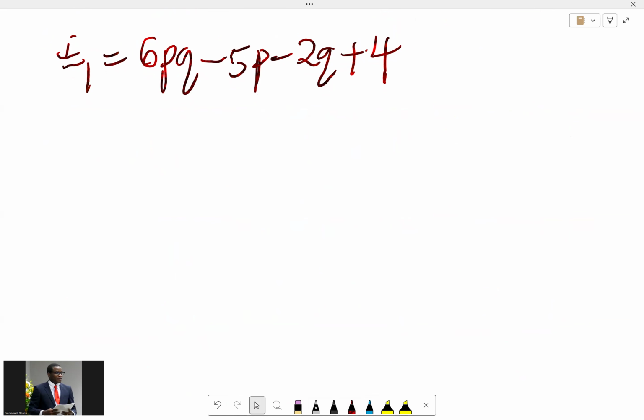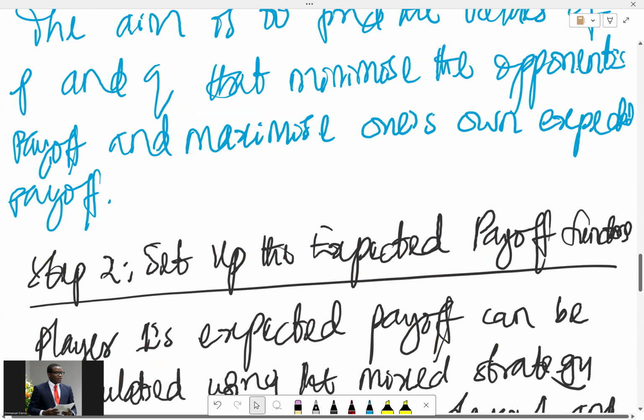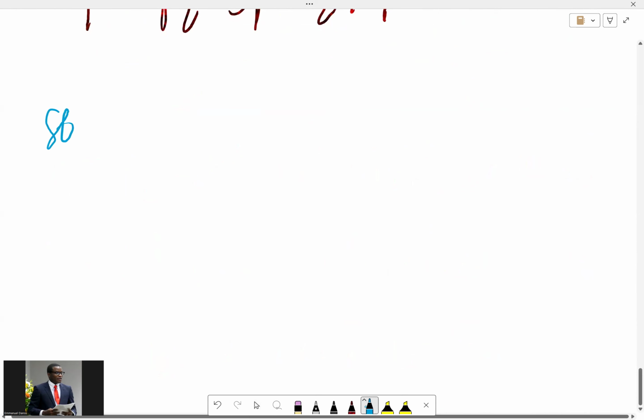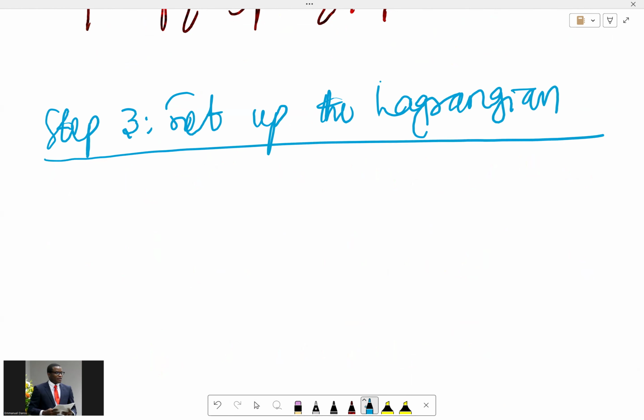So that leads us to step 3: set up the Lagrangian. We need to get P and Q. That's our goal.